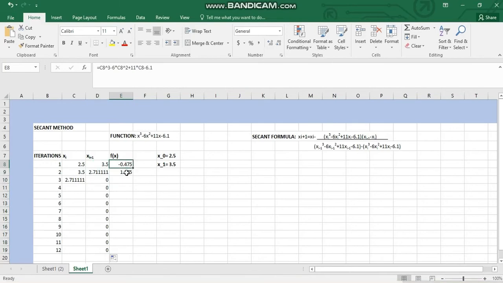Then we will just drag it down until we will have a function that is equal to 0.